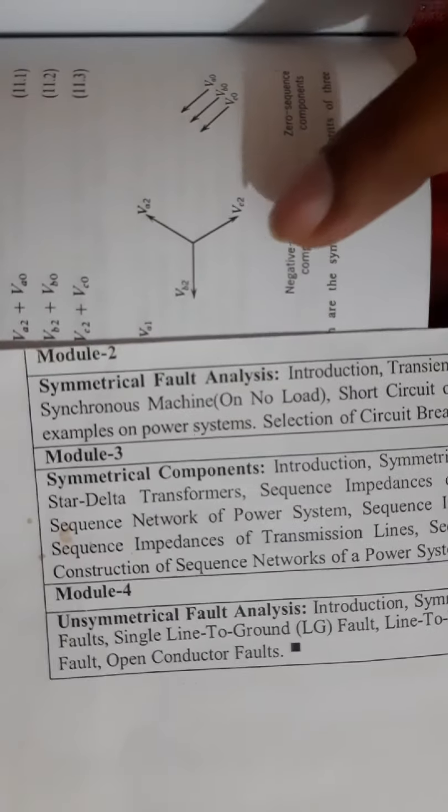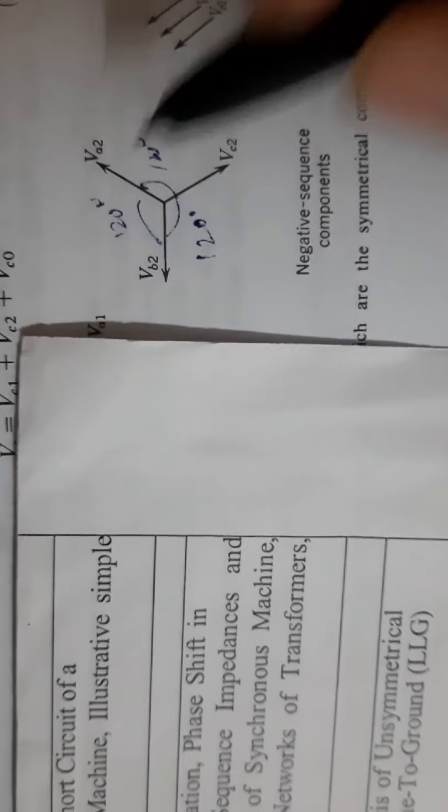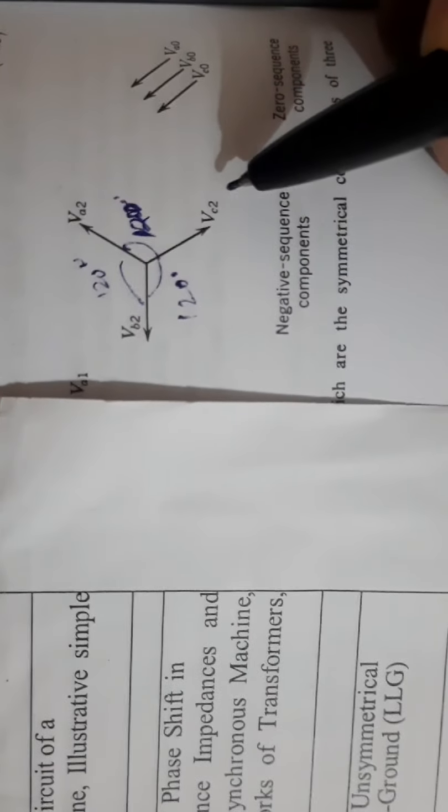Next we will go with the negative sequence. In the negative sequence, the displacement is also the same, 120 degrees each. But it moves in the anti-clockwise direction in the negative sequence: Va2, Vb2, and Vc2 move in this direction.